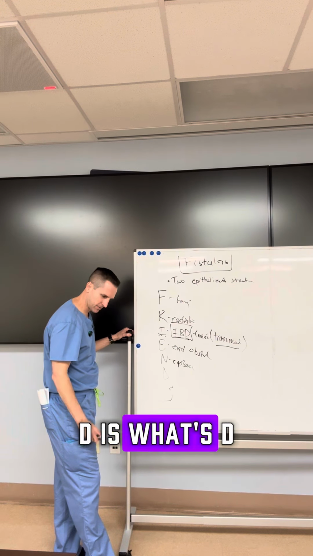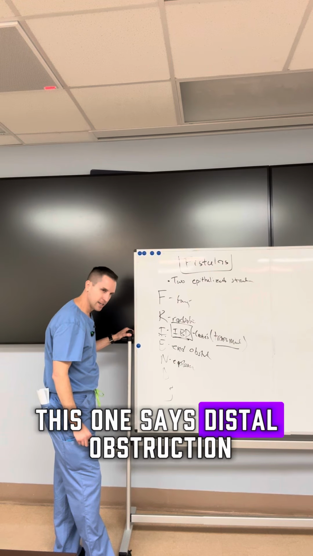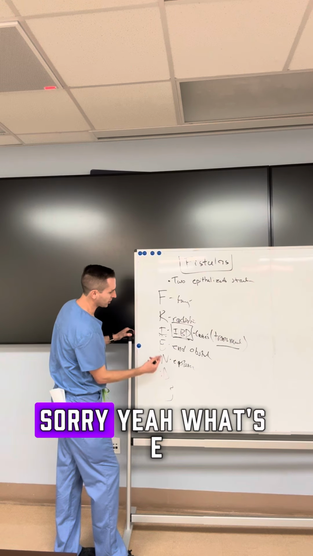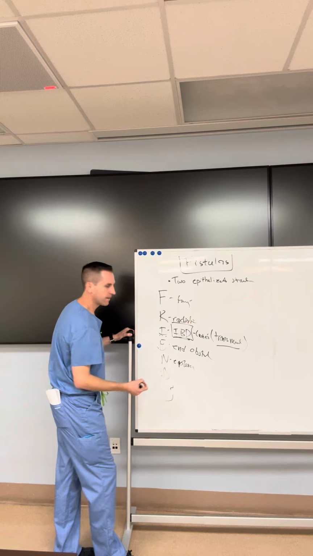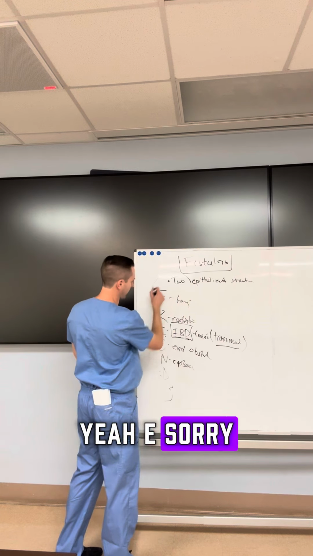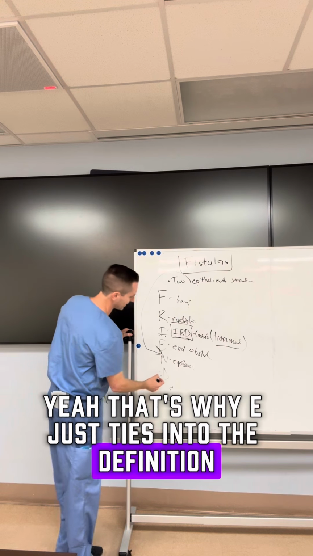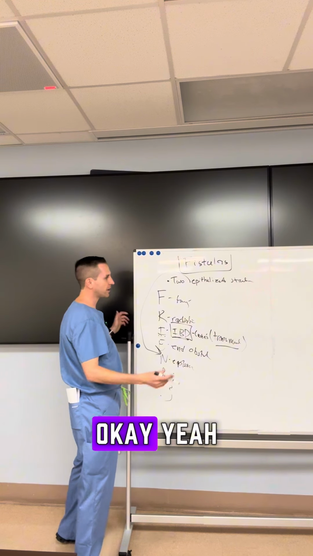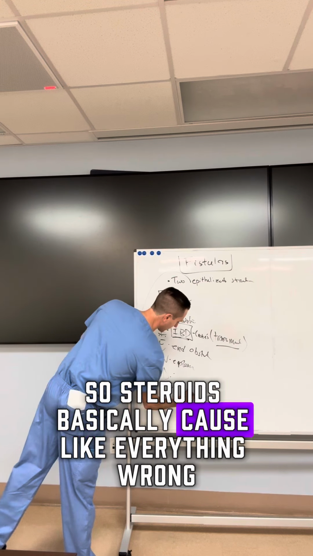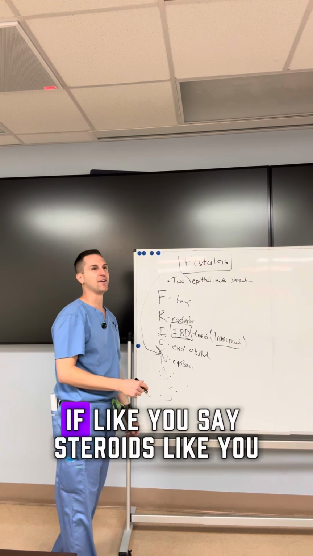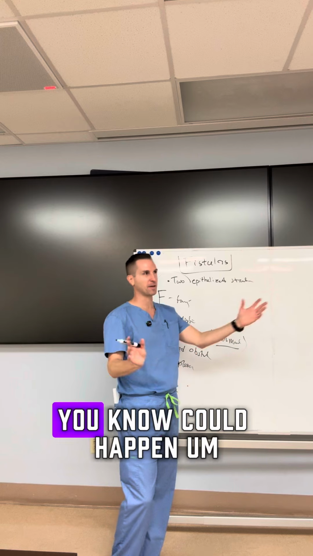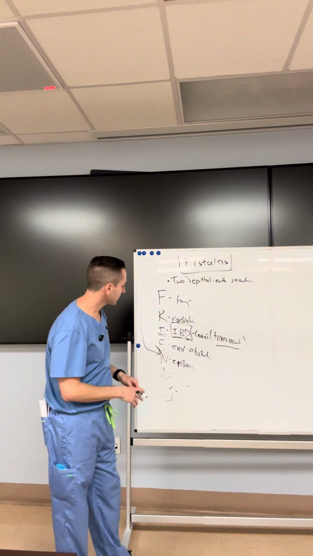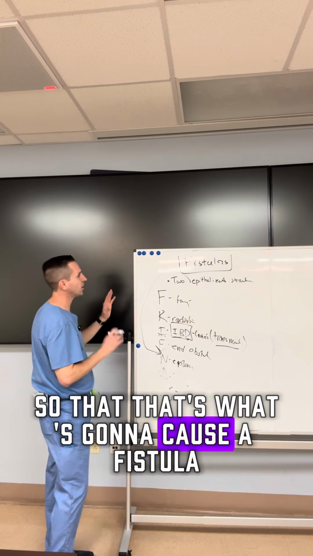D is distal obstruction. What's E? Epithelial, that ties into the definition. And S? Steroids. That's a good one too. Steroids basically cause everything wrong. All right, so that's what's going to cause a fistula.